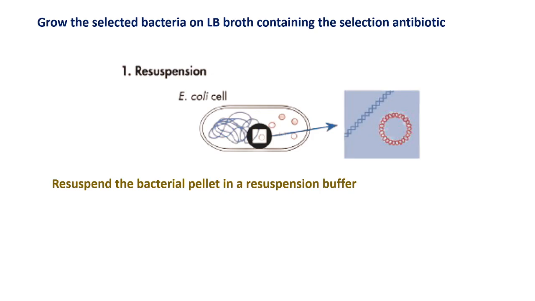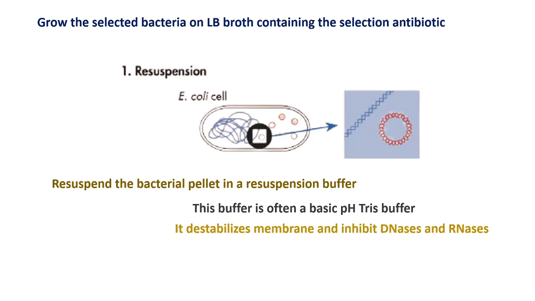The first step in the extraction of plasmid is this: the bacterial pellet which we obtain after centrifugation, we resuspend in a resuspension buffer. What is this resuspension buffer? It is typically a basic pH Tris buffer, Tris-EDTA buffer, which we use to resuspend the bacterial pellet.